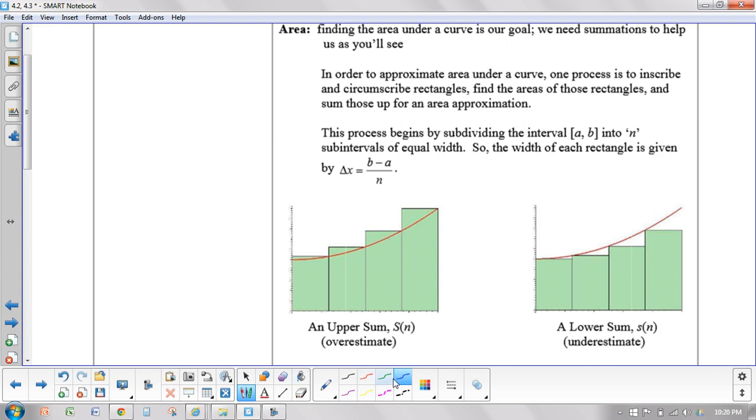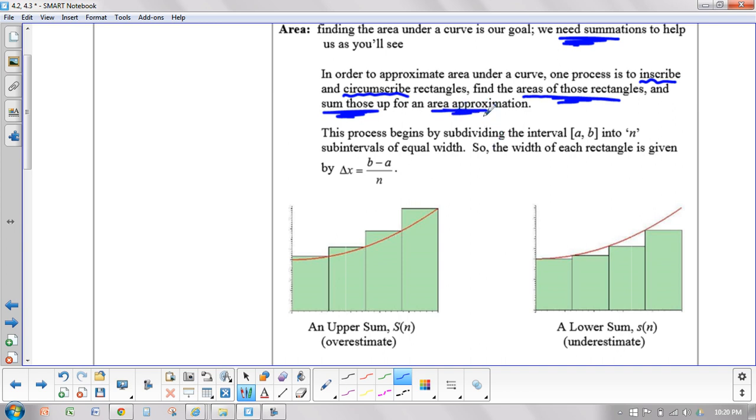So in order to approximate area under a curve, we could inscribe rectangles, putting them underneath the curve, or we could circumscribe rectangles, putting them above the curve, finding areas of those rectangles, and then talking about needing summations. If you took the areas of those rectangles and added them up, that would be our area approximation.